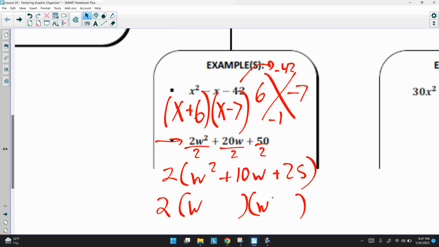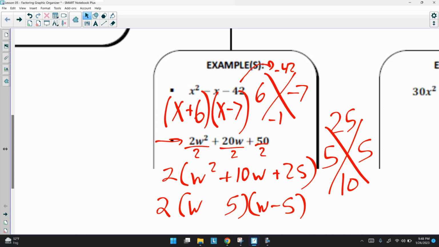But we're going to have to make that x. Put that 25 on top, and put the 10 right there. And what two numbers? Oh, I already know what they are. 5 and 5, and they're both positive. 5 and 5 make 25. 5 plus 5 is 10. Yep, works out. Good luck fitting that in the box.